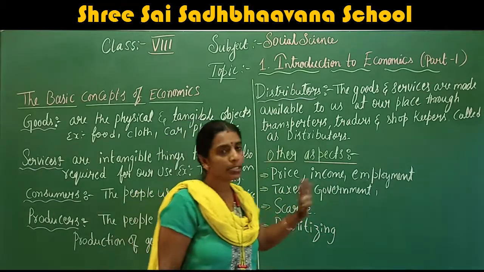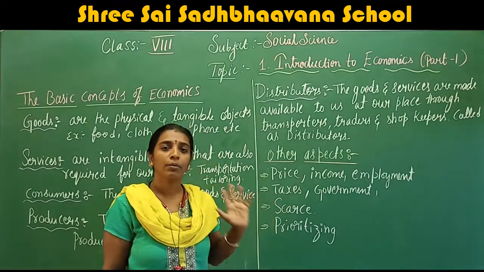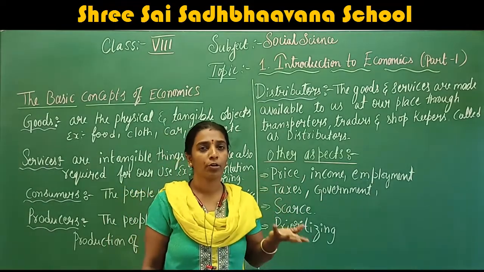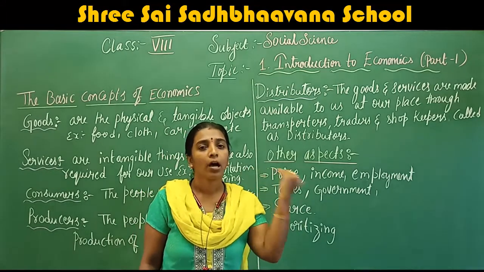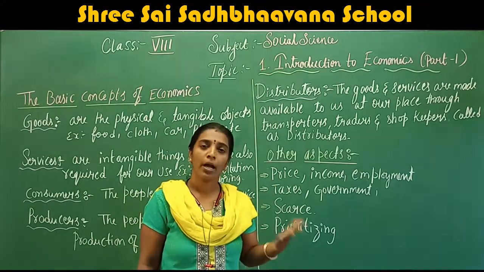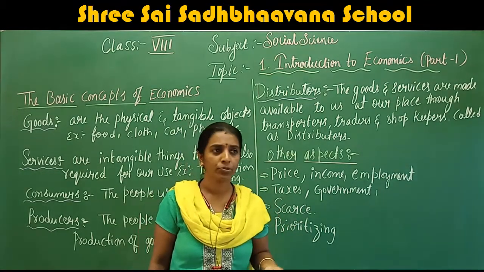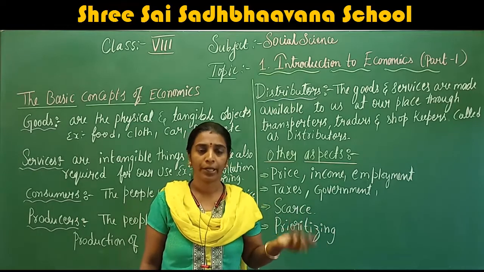Children, next, I will explain what taxes and government are. See, you know what the government is? Government is to maintain law and order in the state or the country, and also to give basic needs to the people, like shelter, food and all.